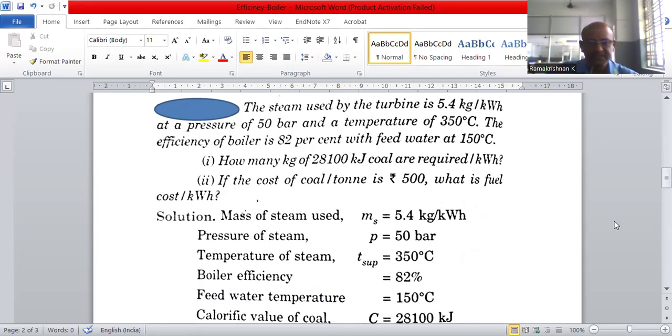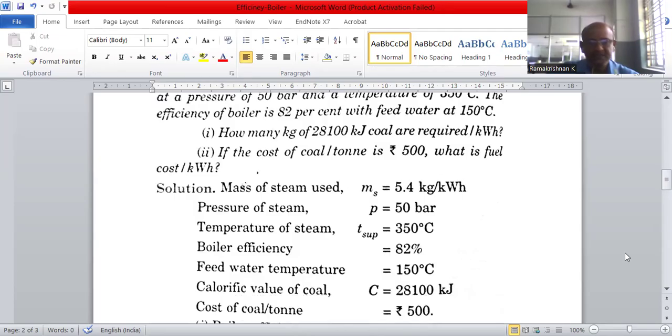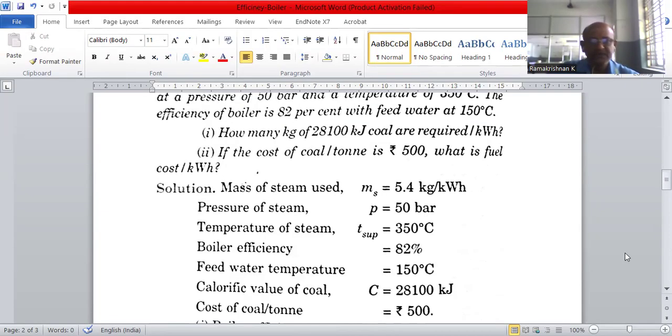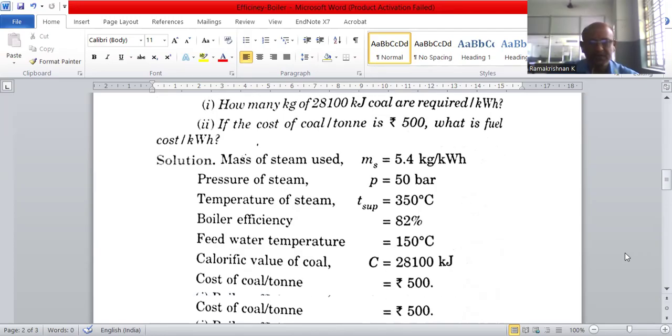Efficiency is 82%, and the feed water temperature is 150 degrees Celsius. The calorific value of the coal is given as 28,100 kilojoule, and for 1 ton, the cost of the coal is 500 rupees. So first we have to determine the coal consumption, and second the fuel cost per kilowatt hour.